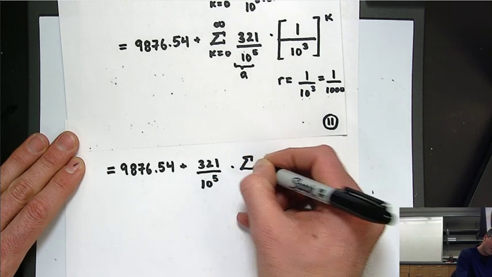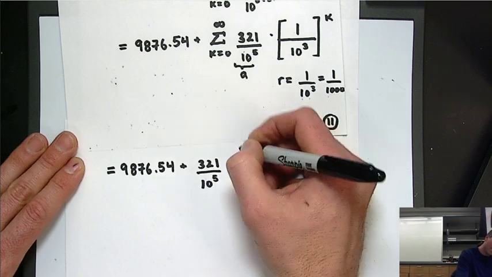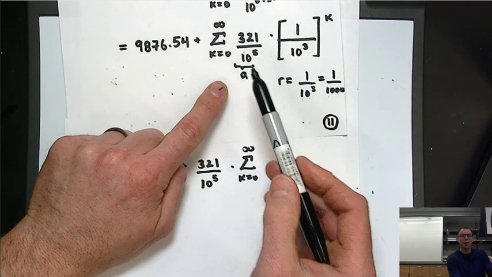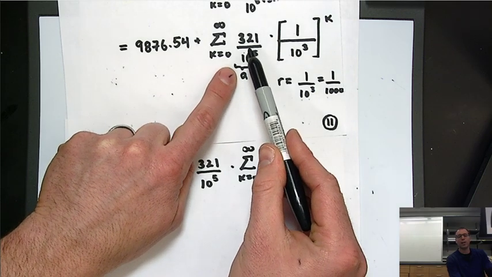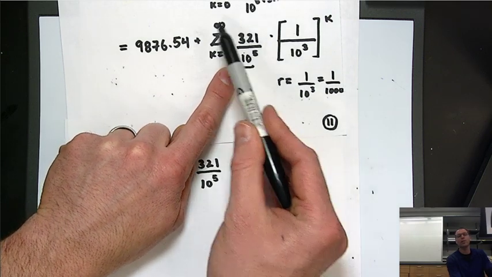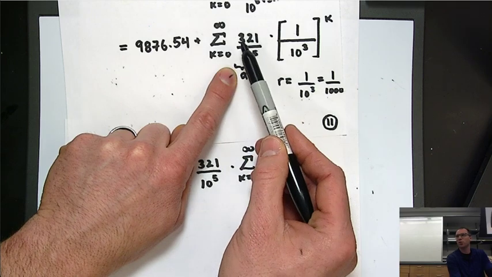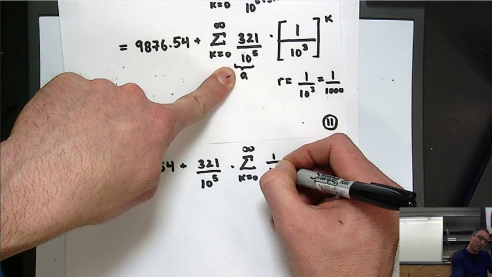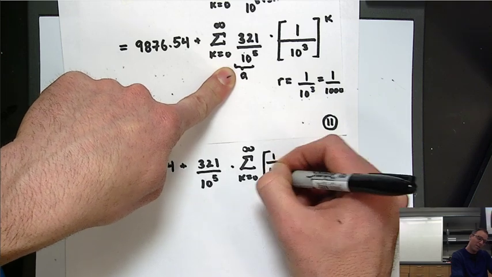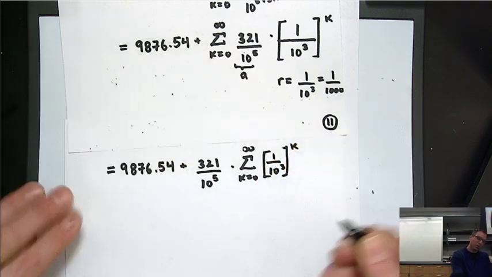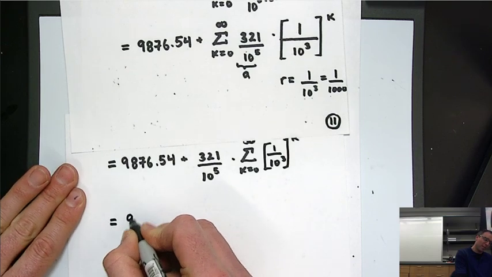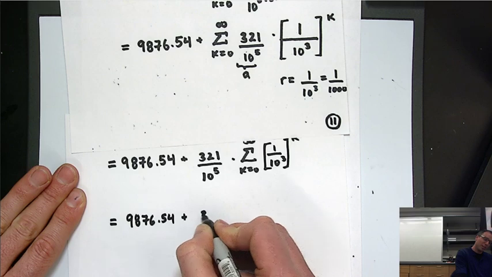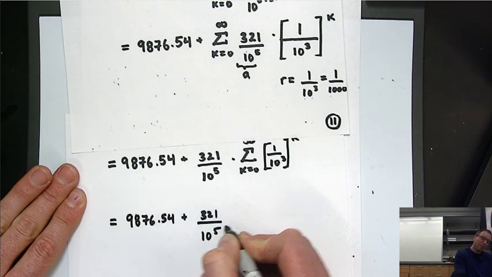That I'm actually using a theorem from Math 1C right now that says if I have a scalar multiple times any convergent series, I can bring the scalar outside or I can bring it inside. There's no cost to that, right? So this is now 1 over 10 to the third to the k, which is identically the thing that I was looking at, 976.54 plus 321 over 10 to the fifth.